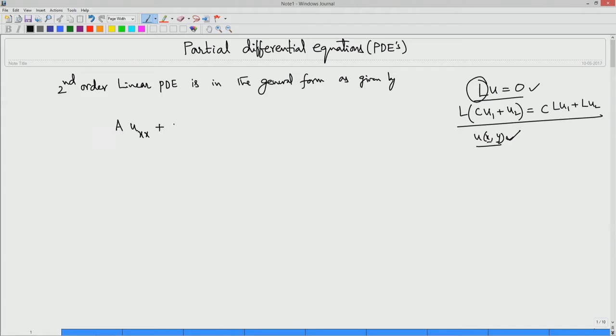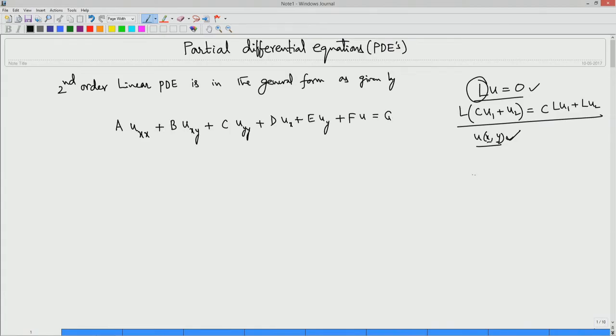So, this is simply a u x x plus b u x y plus c u y y plus d u x plus e u y plus f u equal to, if it is a non-homogeneous equation, some function of x y.